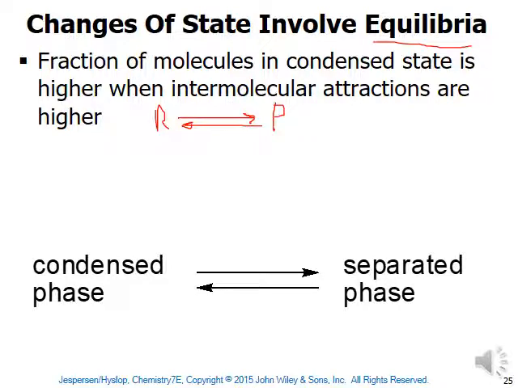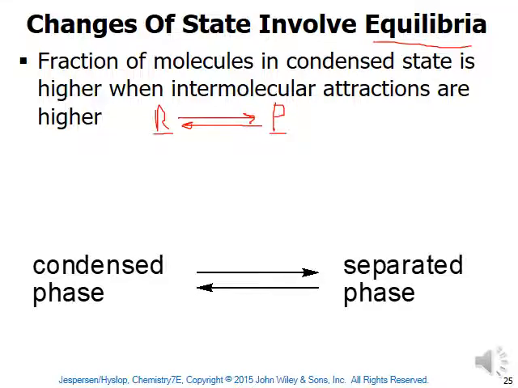But what we mean by equilibrium doesn't mean there's going to be the same amount of reactant as product in a chemical reaction. We're going to learn more about this.